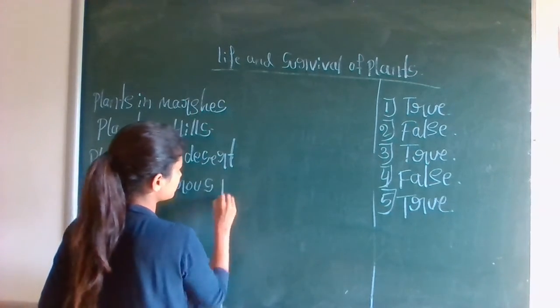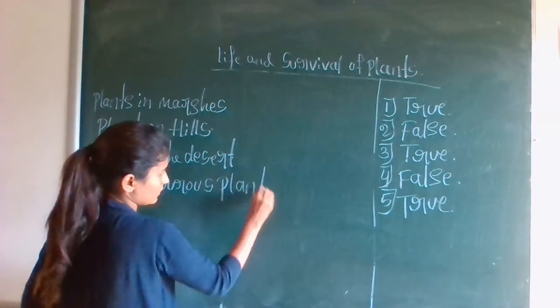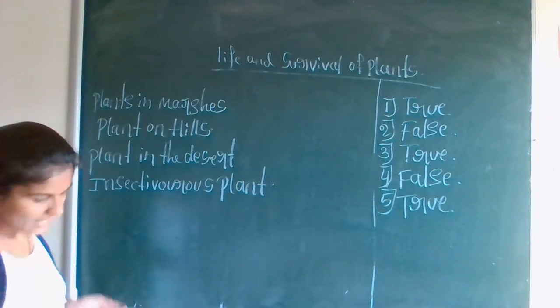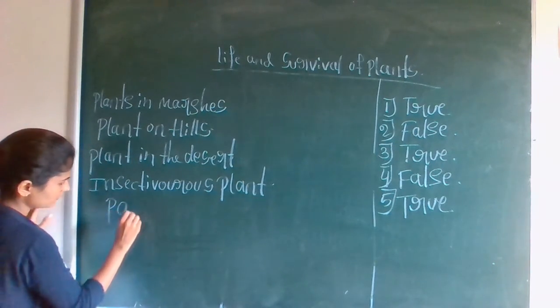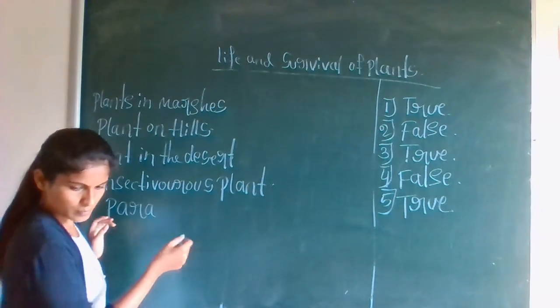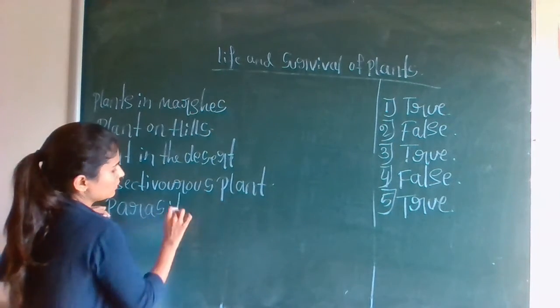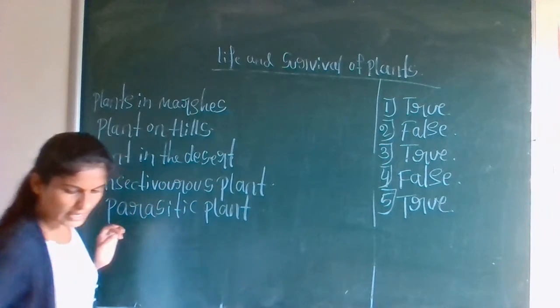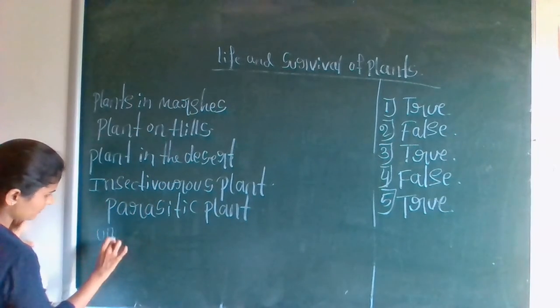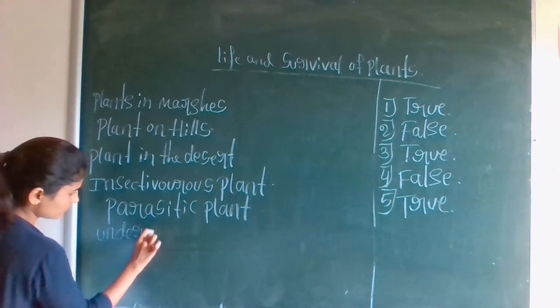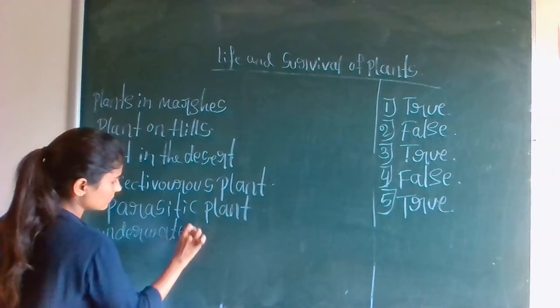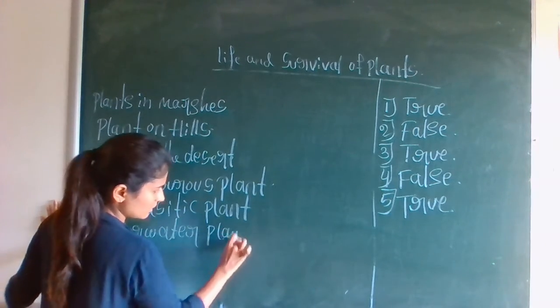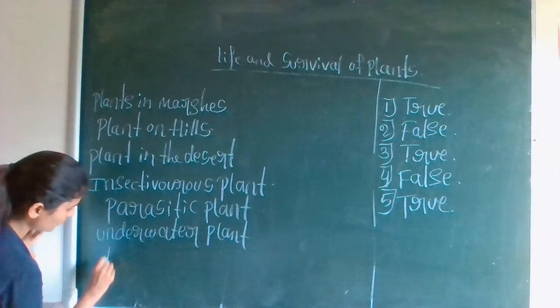Next, parasitic plant. Next is underwater plant. And the last one is fixed water plant.